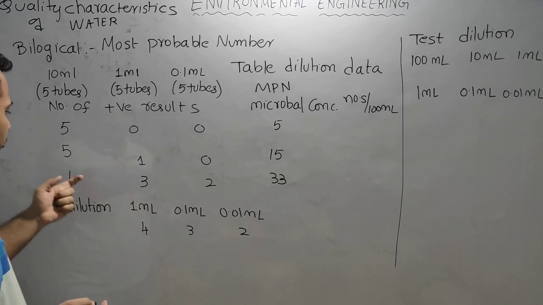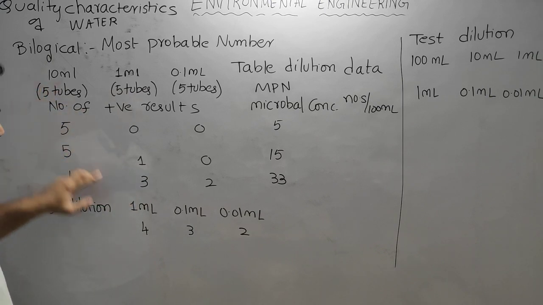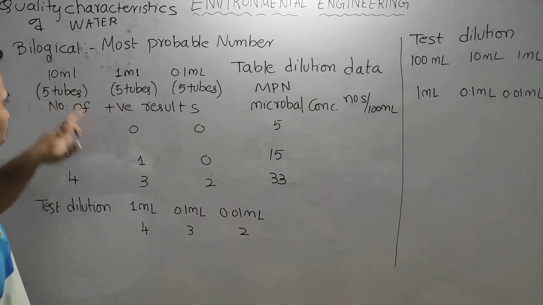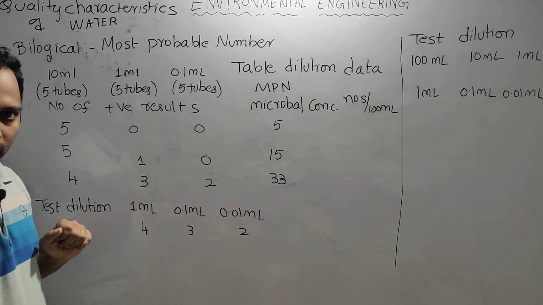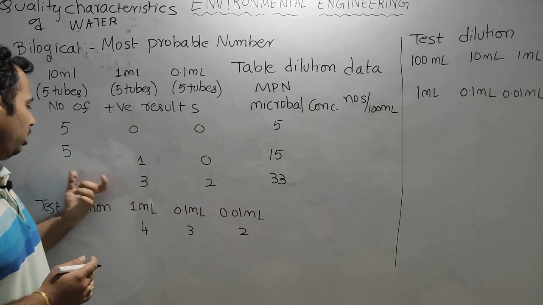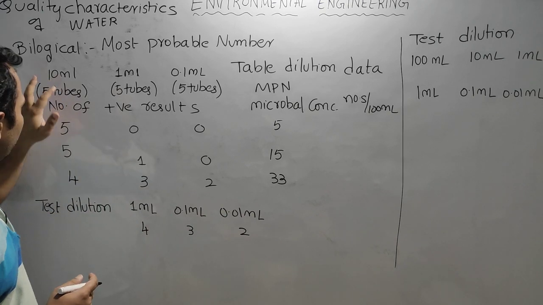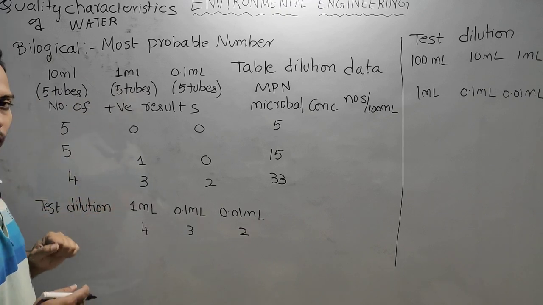For getting the same 4 here, I need to take 10 times the quantity. Where is the microorganism concentration more? Obviously here, because I have taken 1/10 of the quantity but achieved the same number of positive results.